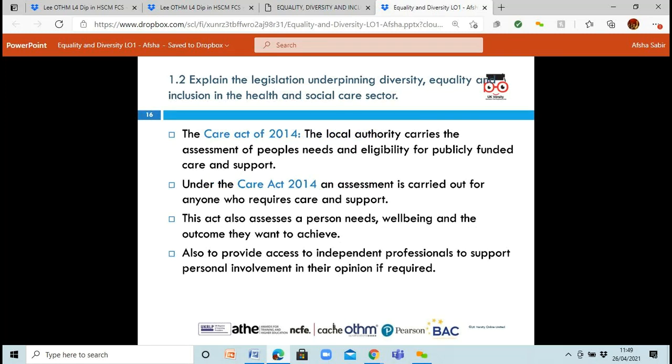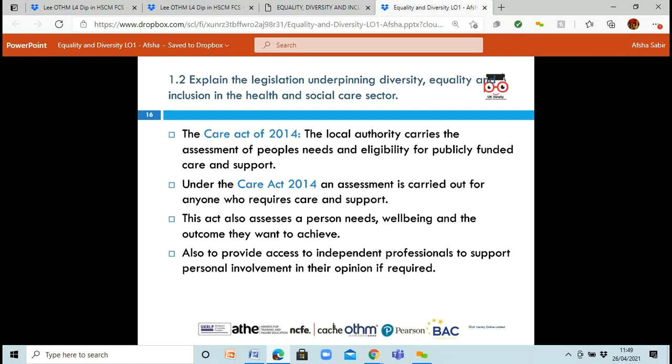Then we come onto the Care Act. This is the last slide for 1.2. So the Care Act is just about the local authority. It helps to assess people's needs and their eligibility, how much care they need, what sort of support they need. They'll carry out assessments for anybody that needs care or support.